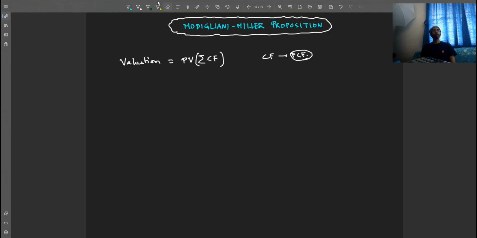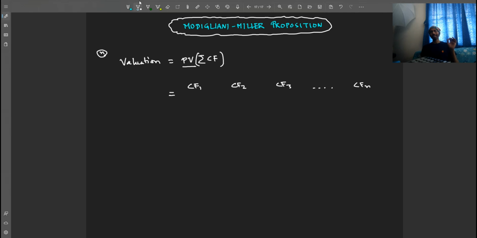So, how do we find this present value? Let's say a company is going to earn cash flows for the next n years, and these cash flows are respectively CF1 for year 1, CF2 for year 2, CF3 for year 3, up to CFN for year n.